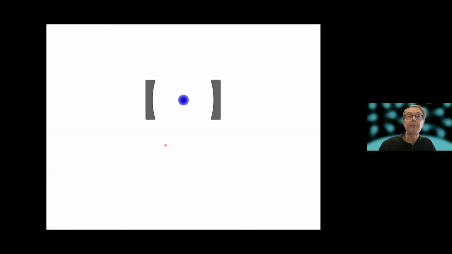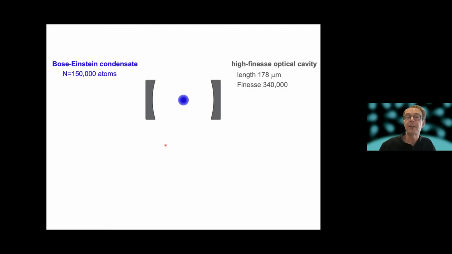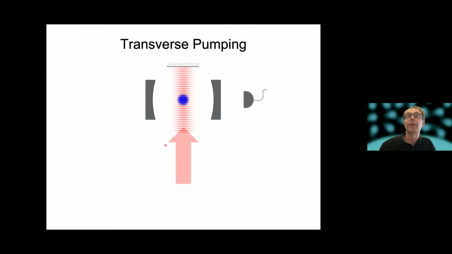Okay, and now let's see. This is the BEC in the cavity, 150,000 atoms typically. Cavity length, finesse, we've had those numbers before. And now we shine a laser from the side, and then we increase the intensity. Now let's see what is happening.